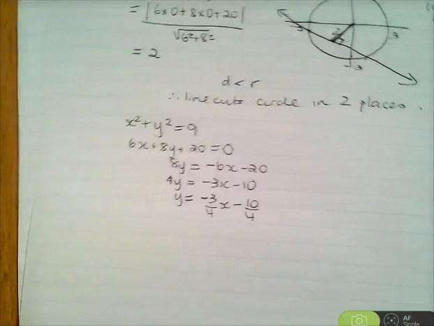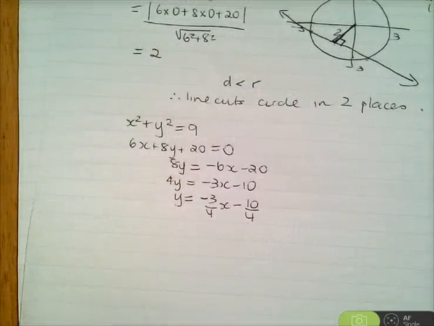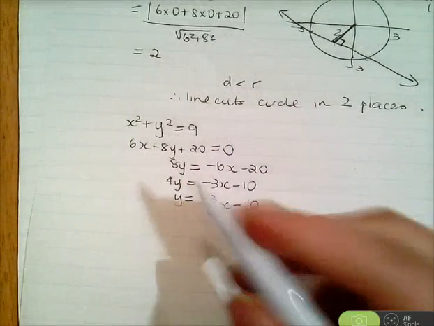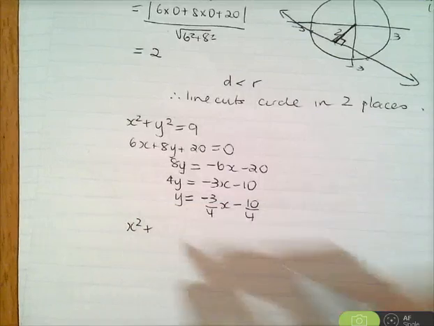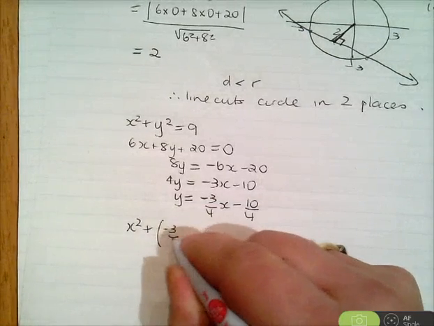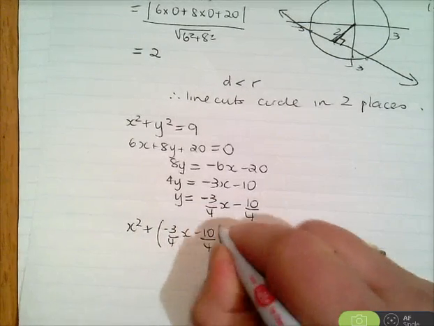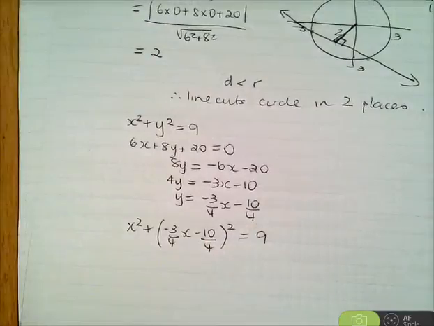And then you'd have to substitute that into x squared plus y squared equals 9. Look, that is going to get very, very long and messy. I'll just start it, but I'll just show you that it will get very long and messy.